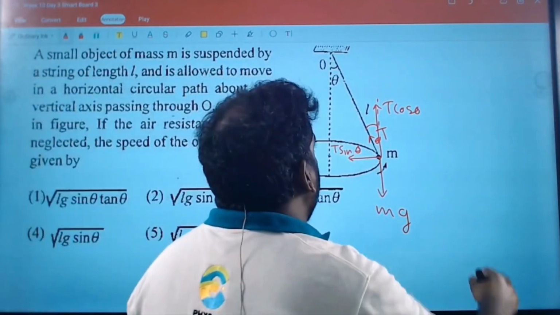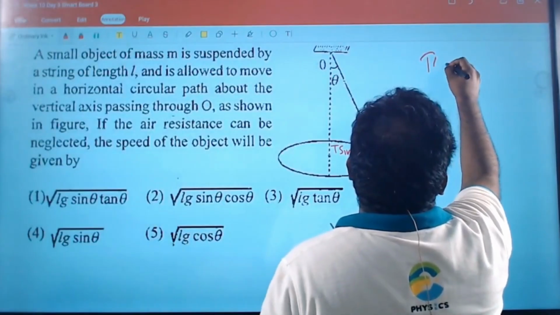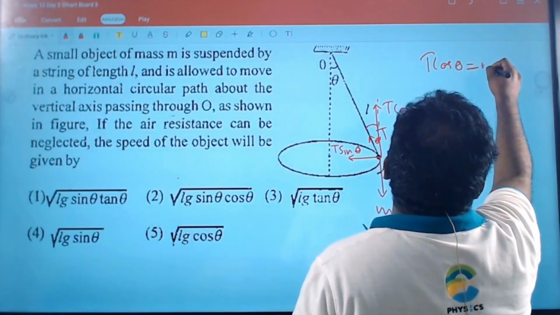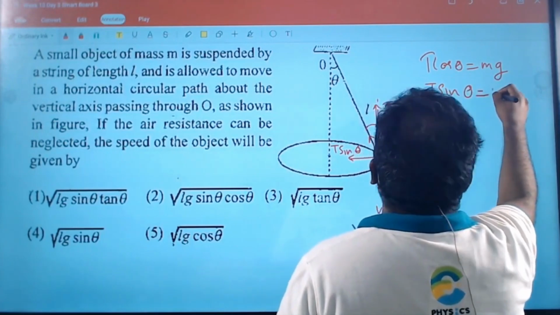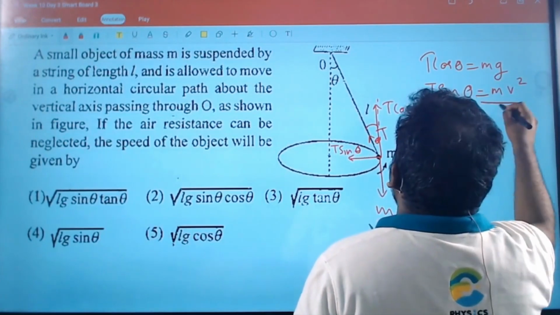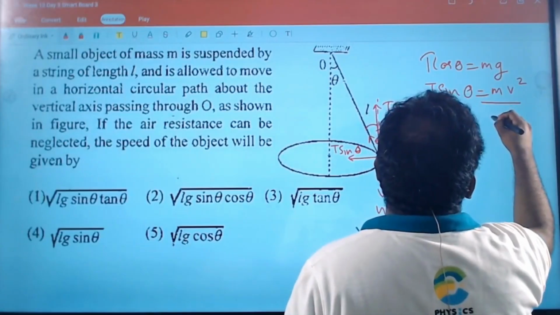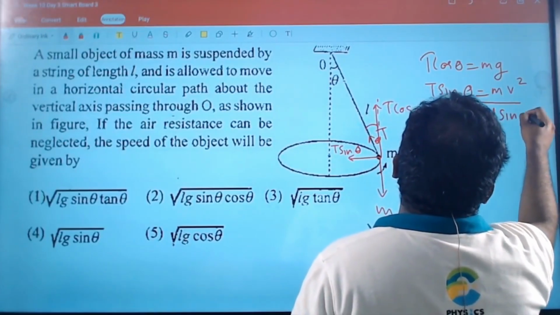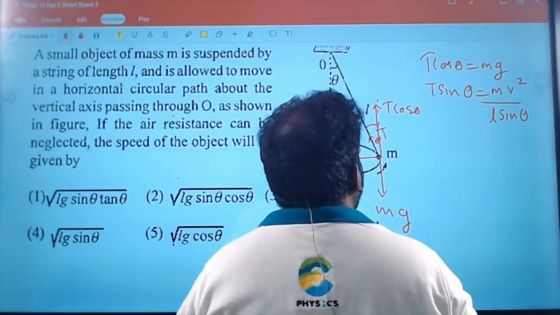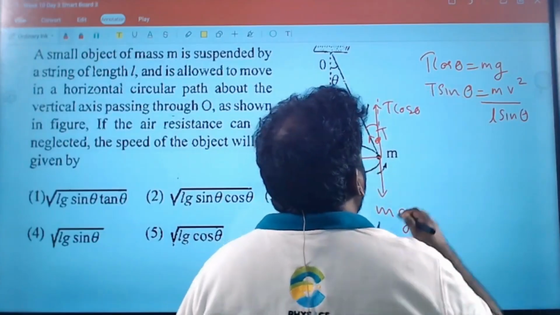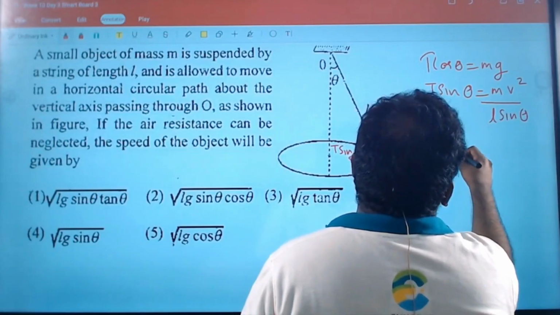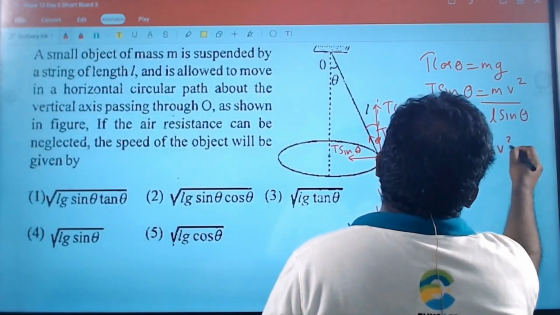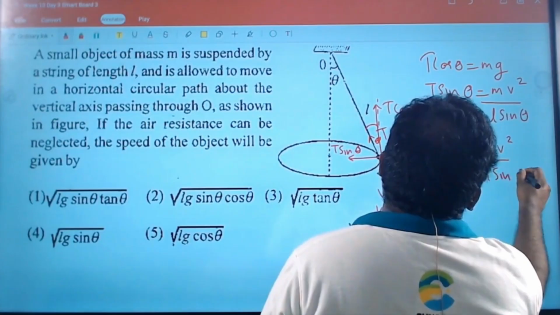So if you simplify this, T cos theta balances the weight. T sin theta equals mv squared over radius. Radius is L sin theta. Divide one by the other. Tan theta equals mv squared over L sin theta mg.